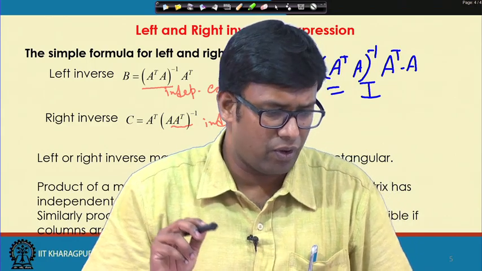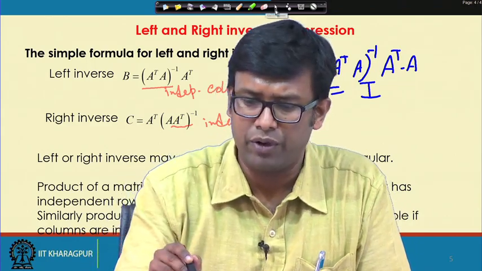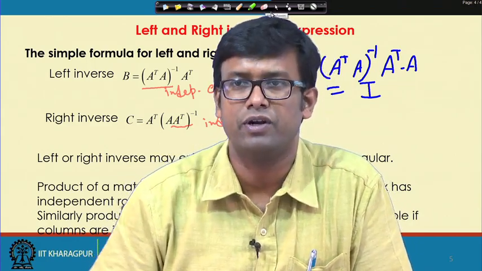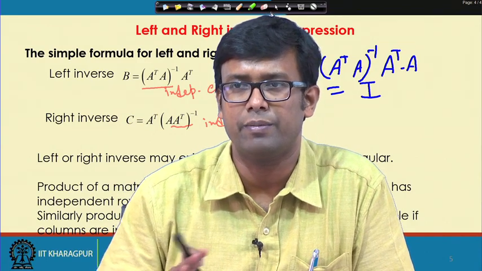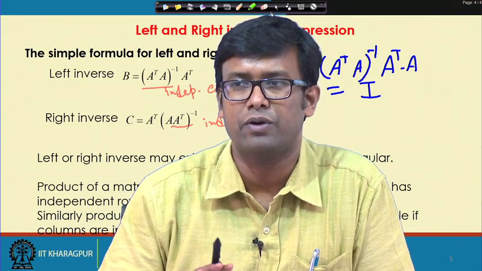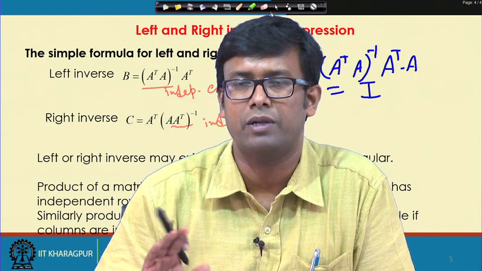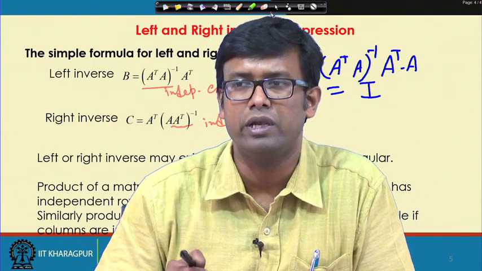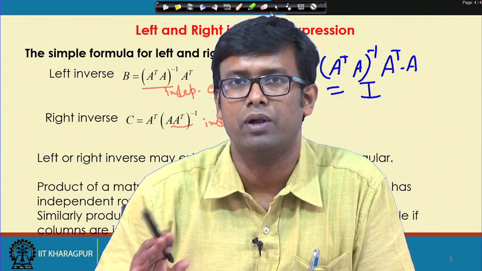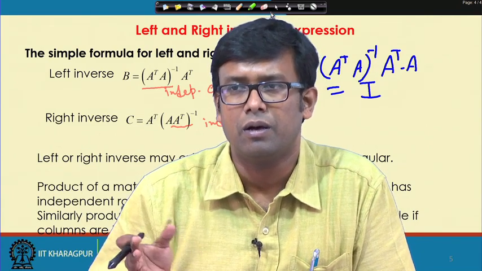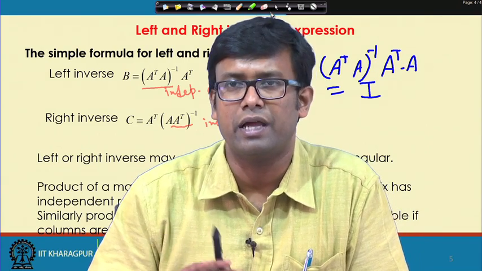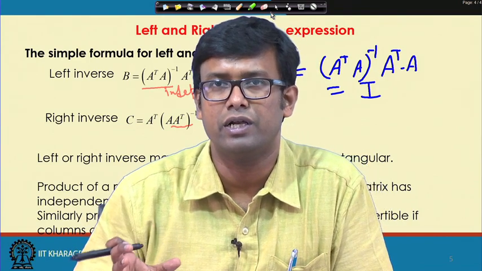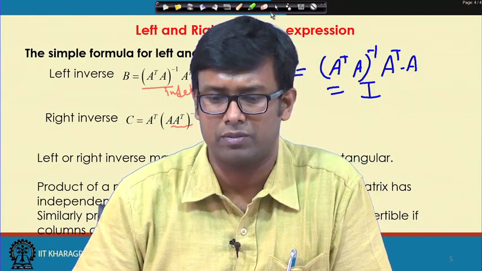Now, we also should see what will happen for a square matrix. For a rectangular matrix, we can find the number of independent rows is less than or equal to the number of columns, and less than or equal to the number of rows. In both cases, all independent rows and all independent columns give us, respectively, a right inverse and a left inverse, which are related to existence and uniqueness of the solution.